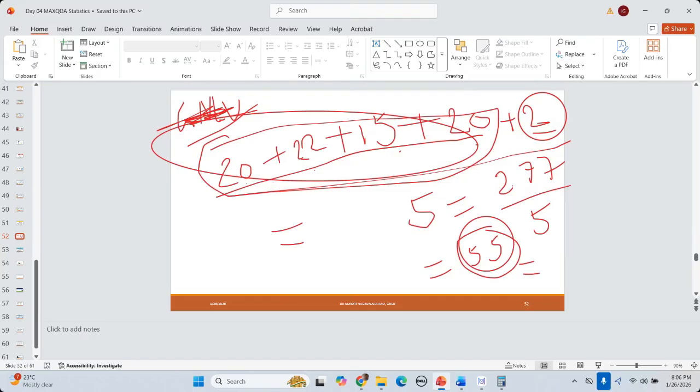Where is 55? If I do 20 minus 55, I'll get a difference of 35. 22 minus 55.